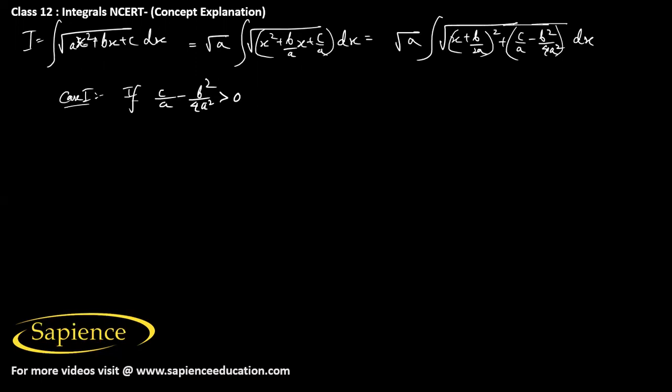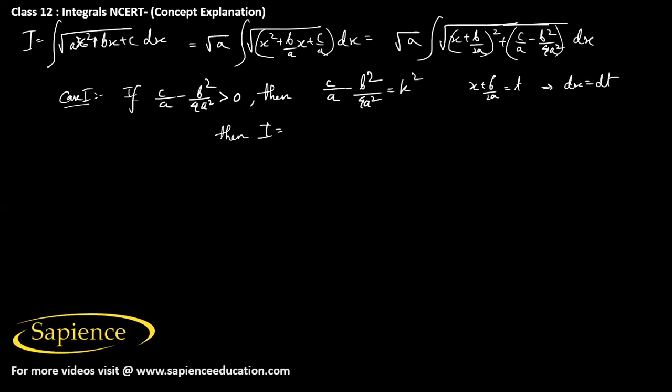Then this c by a minus b square by 4a square can be written as equal to some k square. And then in the integral I, x plus b by 2a I can take as t, then dx will be equal to dt obviously.